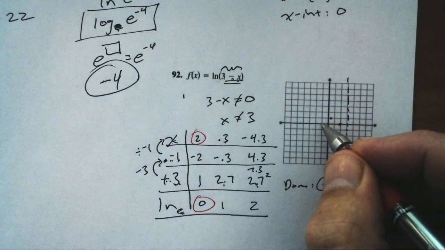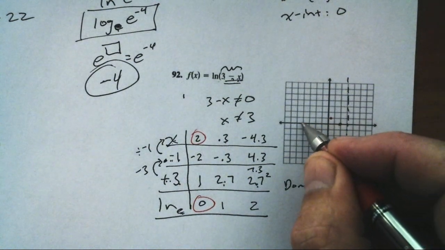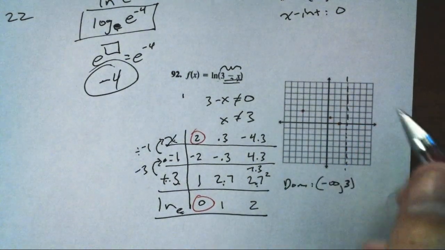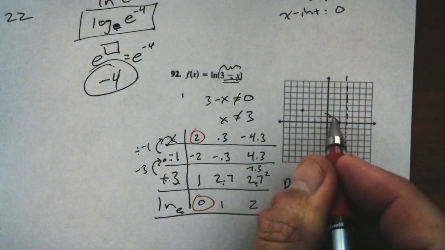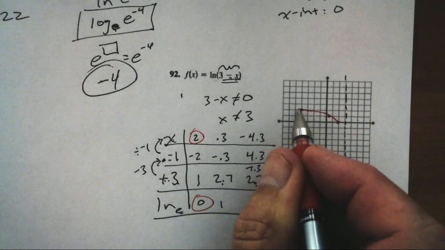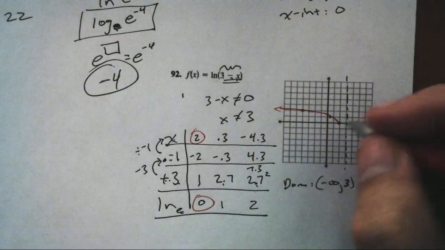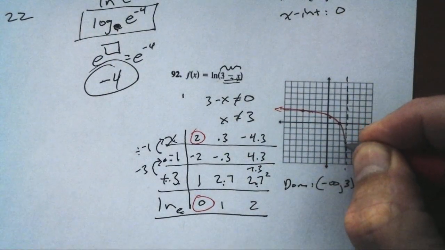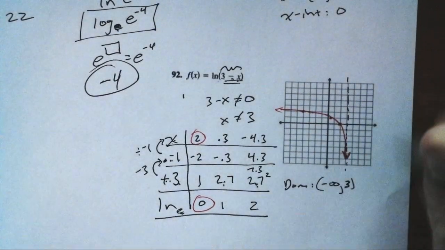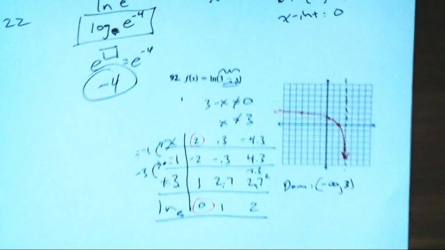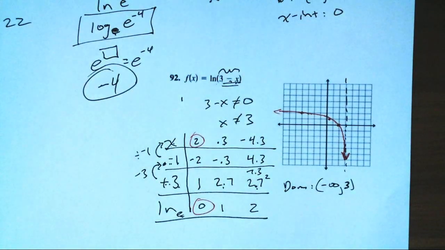Negative 4.3 gets me up to 2. And I believe we've got a graph that looks like that, and we're approaching our asymptote right there.